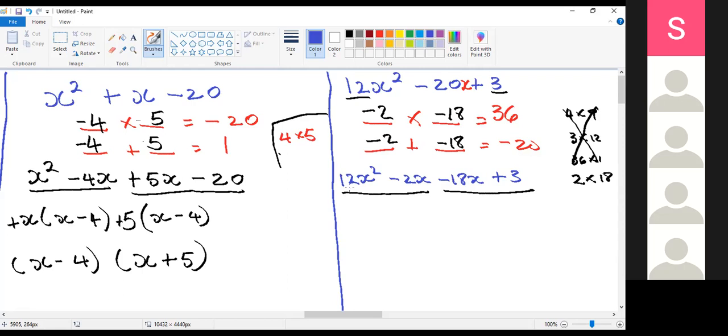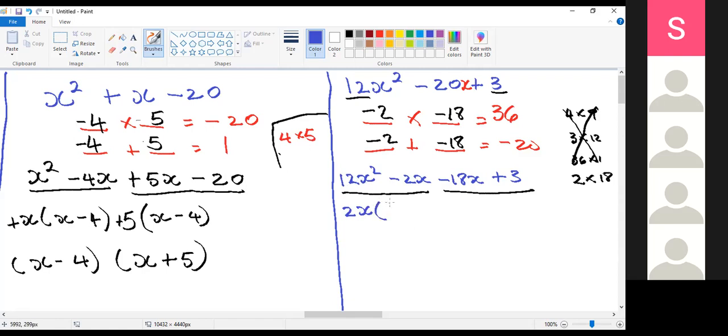Sorry about that, I had to step away. What do we say is the answer now? What can go into 12x squared and minus 2x? This shouldn't be so hard. 2x, because there's an x squared here and there's an x here.